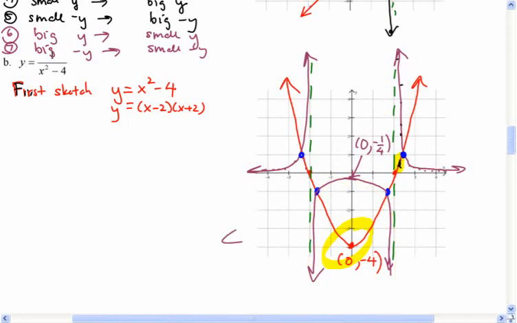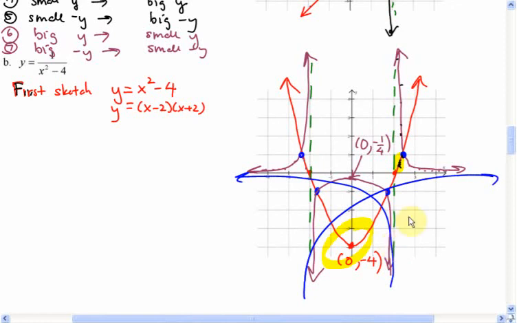So, Edison, I think you're saying this, if I'm understanding you correctly. Yeah. Watch. Well, first of all, it can't cross the asymptotes. Okay? I see.